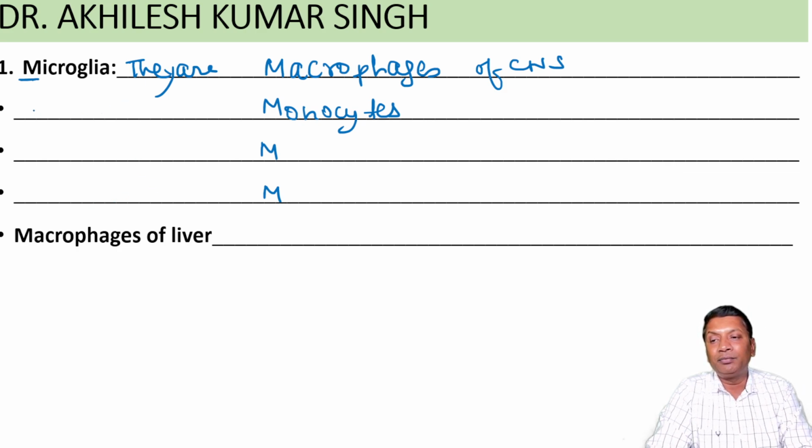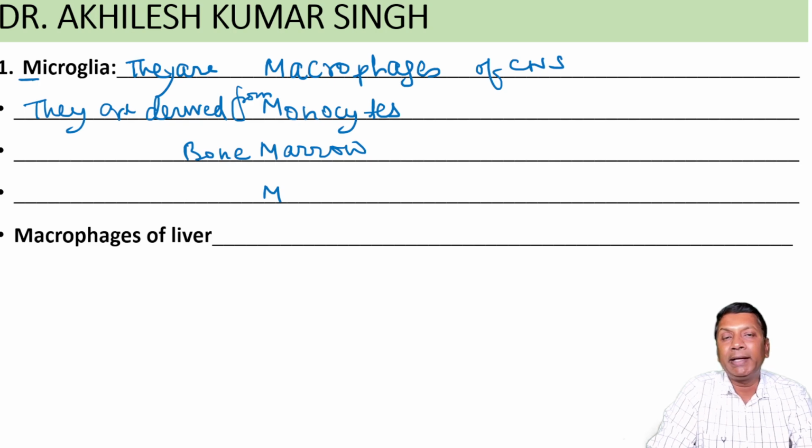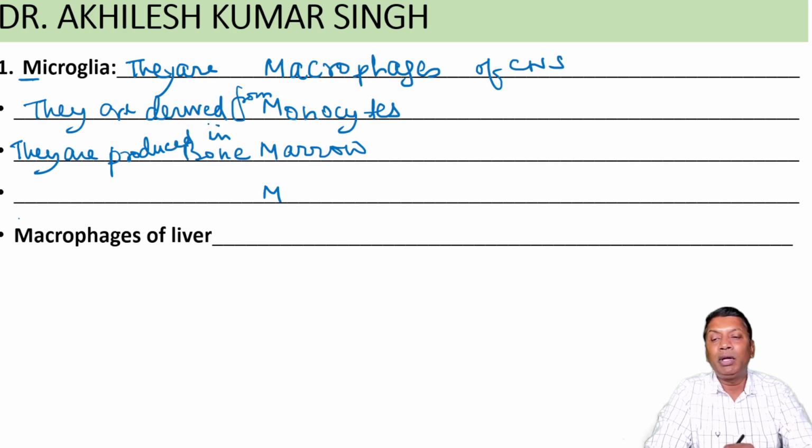So the microglia are derived from the monocytes. The third M is for marrow. Marrow means bone marrow. The monocytes are produced in the bone marrow, so therefore these microglia are produced in the bone marrow.